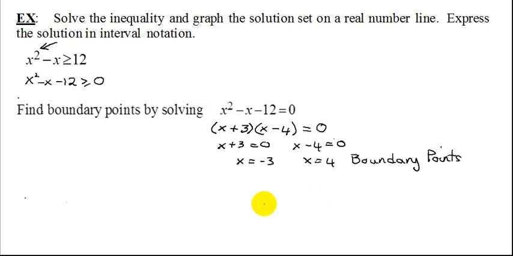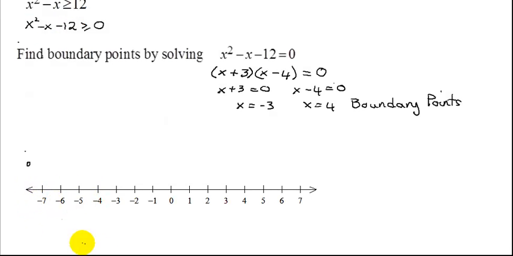Once we have the boundary points, what we need to do is plot them on the number line. So here's my number line. And so I have boundary points at x equals negative 3. So here's one. Hopefully it'll draw for me. There's negative 3.